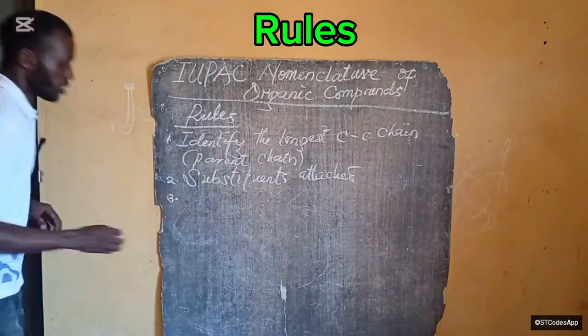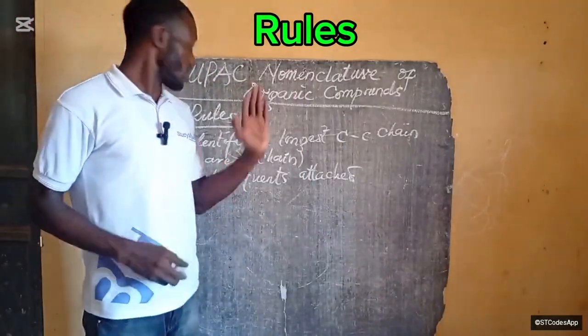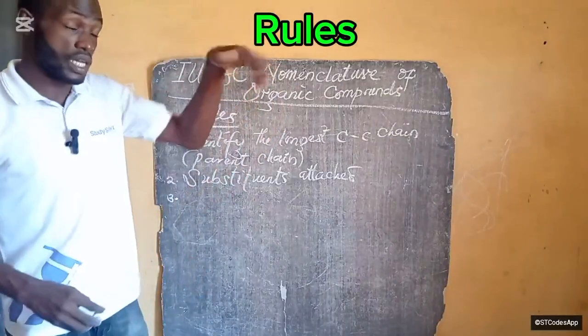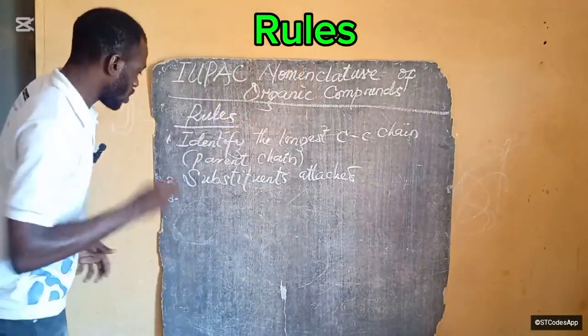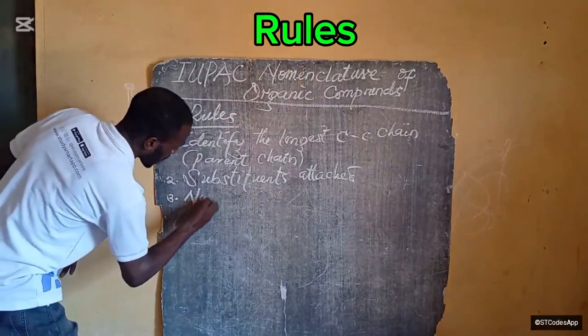Now, number 3 is that after identifying the substituent, you now number your carbon chains.